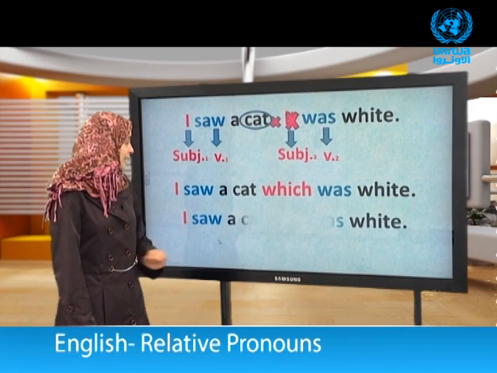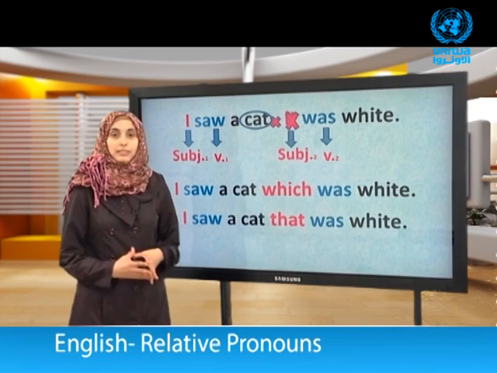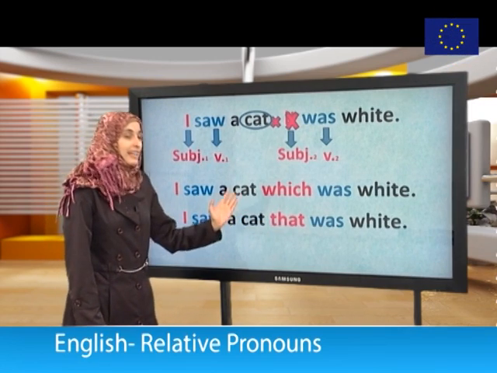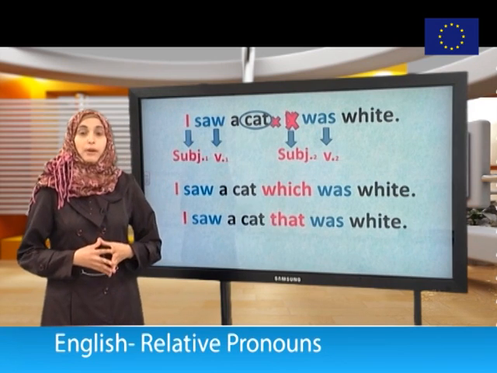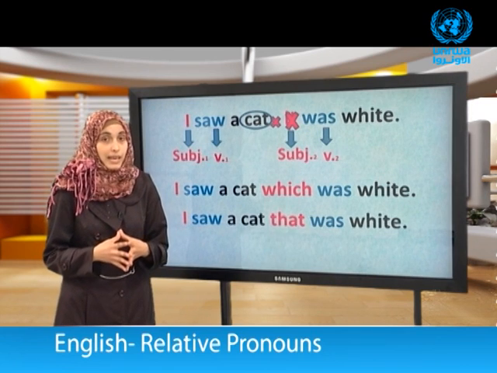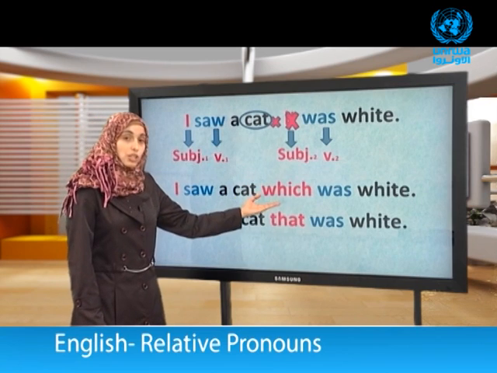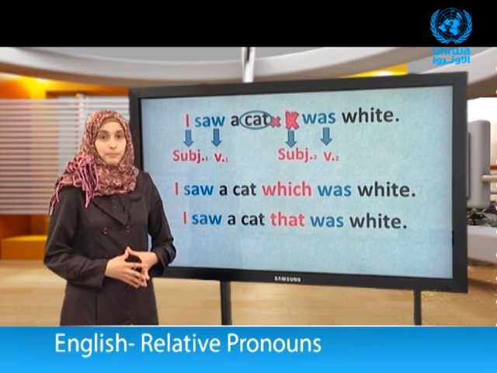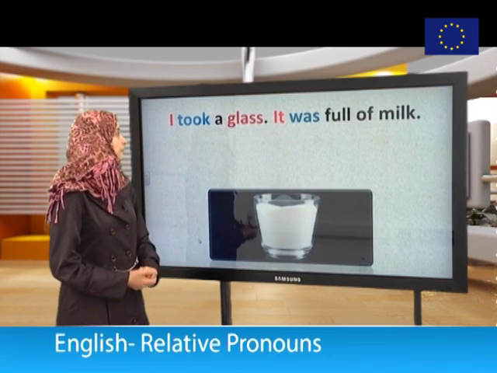Or we can say, I saw a cat that was white. So, here I'm talking about an animal. I'm not talking about a person. What did we use? We used either which or that. Did you understand that? Let's take another example.